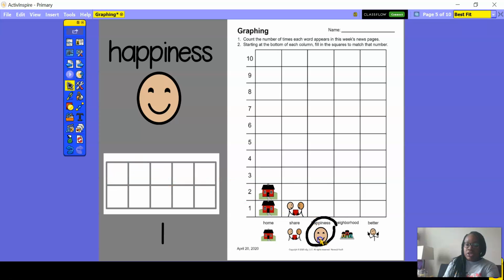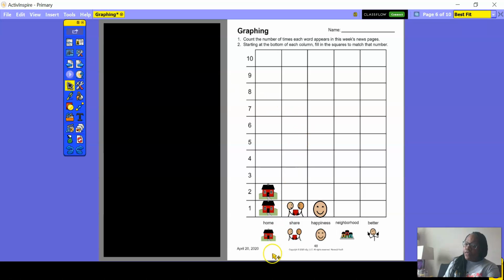See, this is the match. I'm going to put it right here at the bottom. We always start at the bottom of vertical graphs. So we saw the word happiness 1 time. So far in our story, we saw the word home 2 times. We saw the word share 1 time.